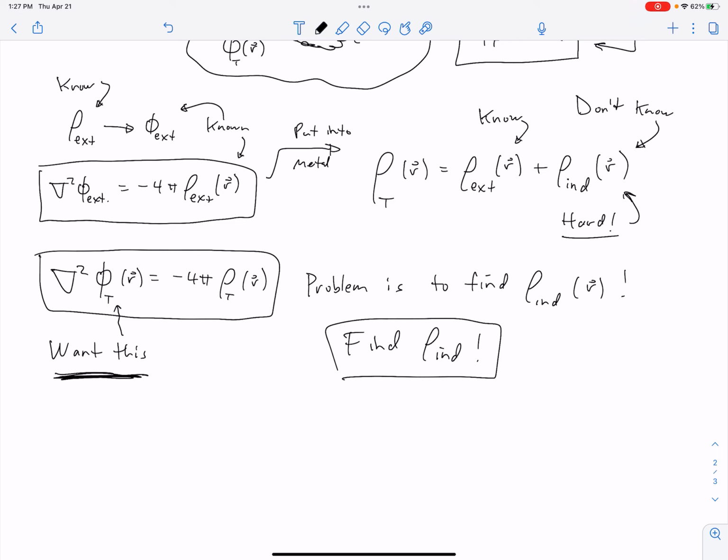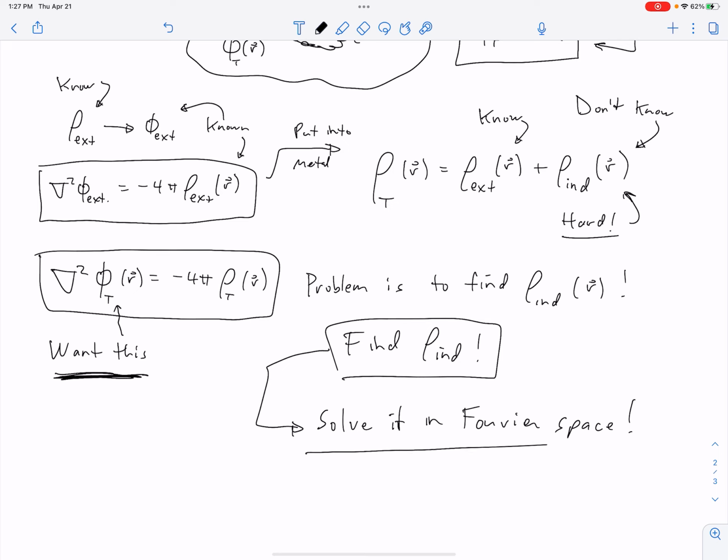There's a way to go about this problem, and there's a way to solve it, which is maybe a little unfamiliar at first, because we solve it by going into Fourier space, in momentum space, reciprocal space, which is maybe a little counterintuitive.